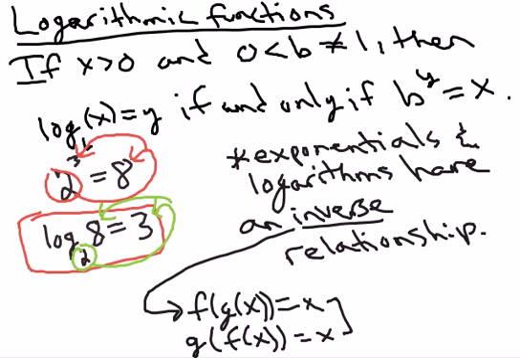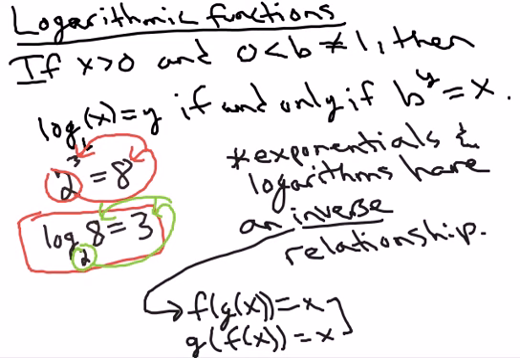So if you think of your f of x as the logarithmic function in this case, and your g of x as the exponential function, then if you take this function in a composition with this function, you would get the result x, and vice versa.